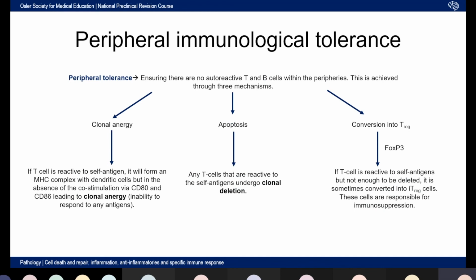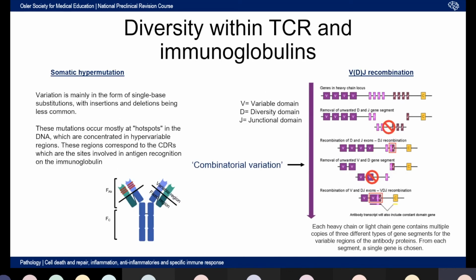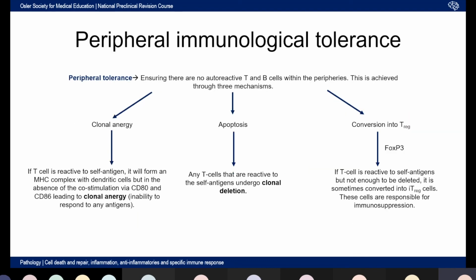So remember when we talked about primary lymphoid organs. Primary lymphoid organs were important because that is where they made sure that any cells that were made did not react to self antigens.